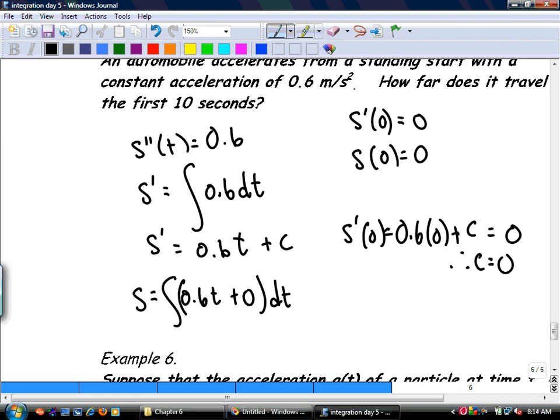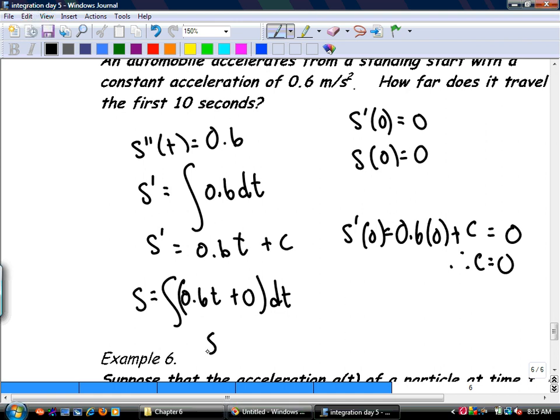An automobile accelerates from a standing start with a constant acceleration. With a standing start, you have no velocity. It's like you sitting at a red stoplight and you hammer the gas pedal. You have no velocity until you release the brake.